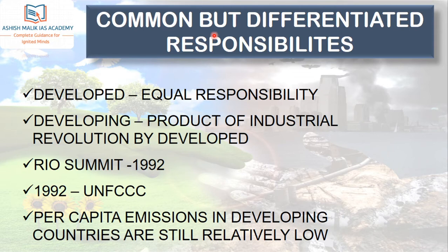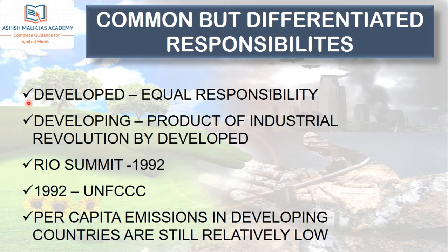Also, the countries which were parties to this convention agreed that the largest share of historical emissions of greenhouse gases and the present emission of greenhouse gases has its origin in developed countries. It means that the developed world is the major contributor to the greenhouse gas emissions.